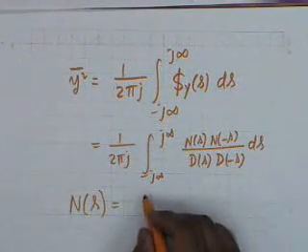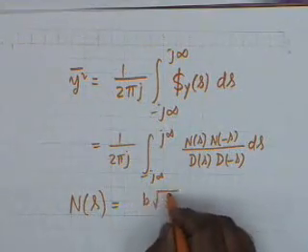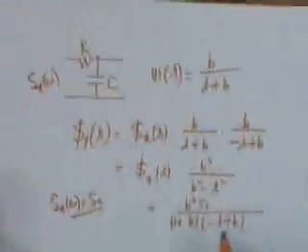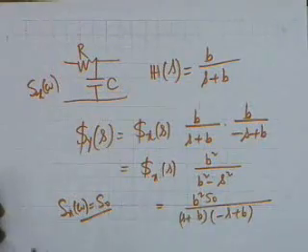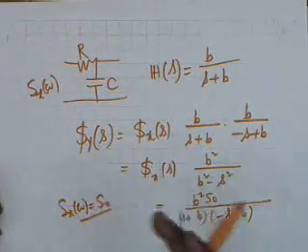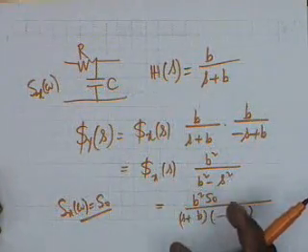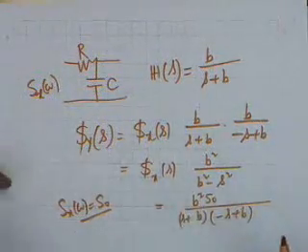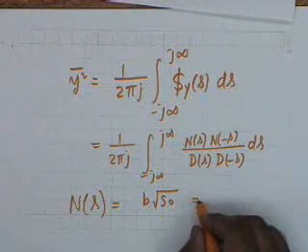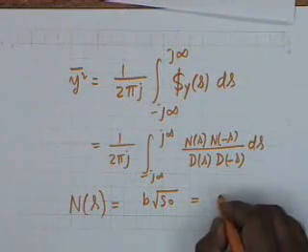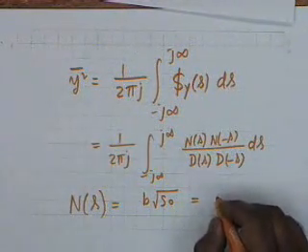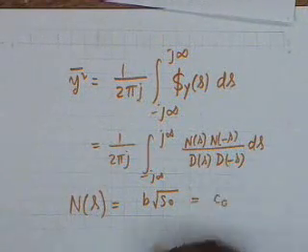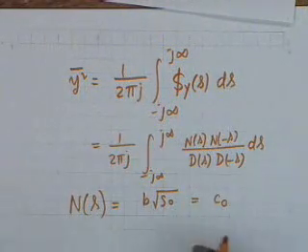It would be b times the square root of S naught, because n of s, n of minus s is b squared S naught, and therefore one part, it is a constant, the square root of this is to be given to n of s, and the square root of this is to be given to n of minus s. And obviously, in terms of polynomial notation, this is c0, all other constants are 0.